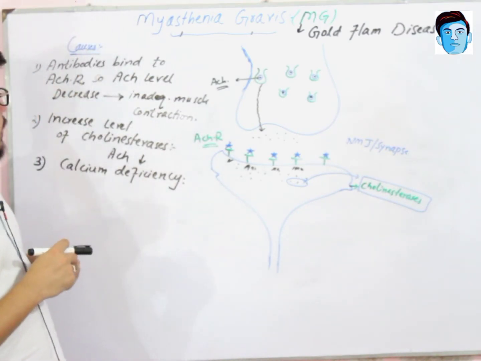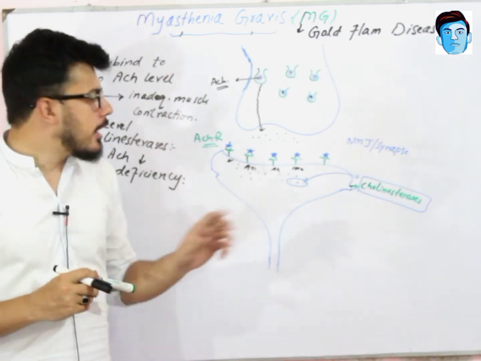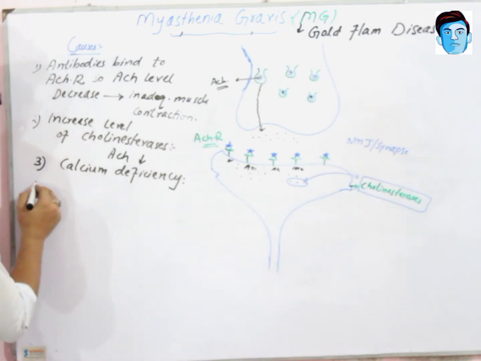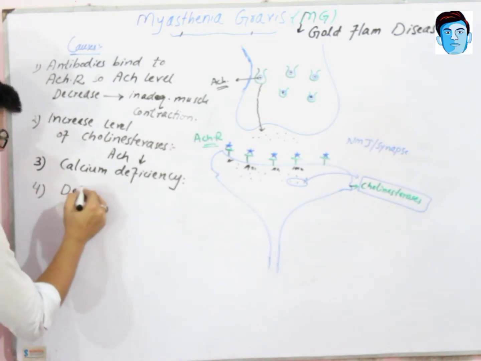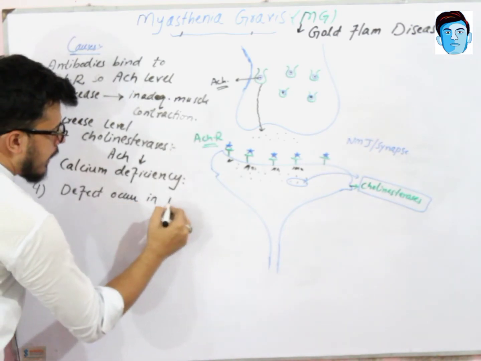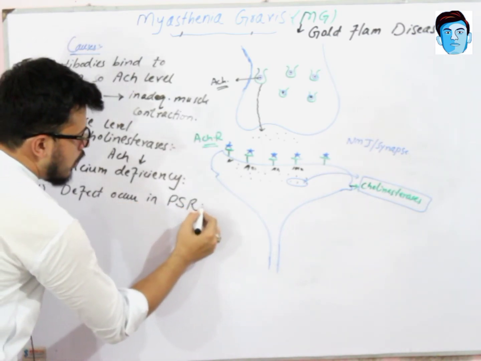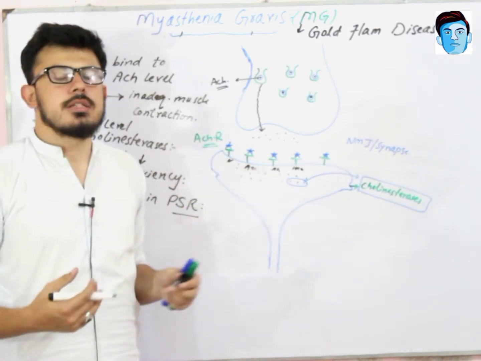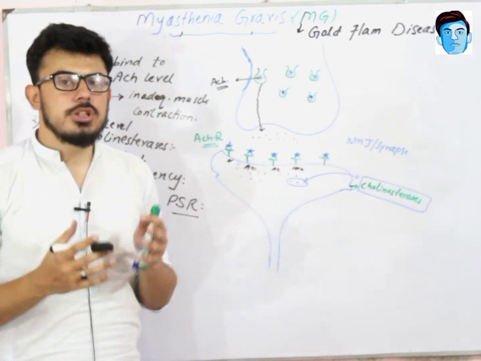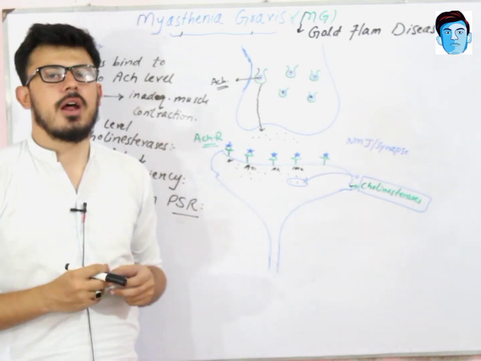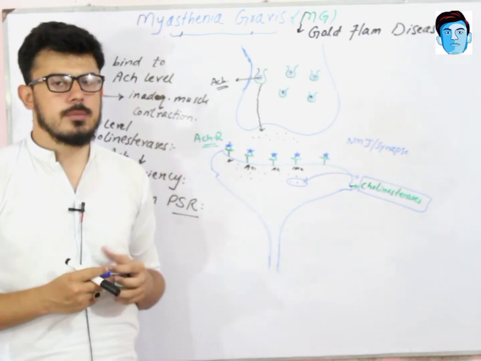Now, fourthly, if there is a defect in the postsynaptic receptor, the acetylcholine will not be in a position to bind to the acetylcholine receptors. So ultimately there will be decreased acetylcholine action, which leads to inadequate muscle contraction.